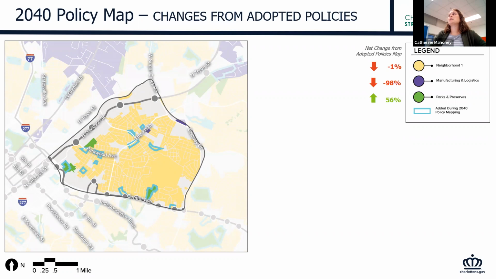We tried to protect instances of manufacturing and logistics throughout the city. In this area, that didn't play out as expected, mostly because the adopted policies trump that. And then also we wanted to protect those parks and preserves that I mentioned that are zoned for R3, but despite that zoning, we still want to protect them. And so those were properties that were brought back to green on the draft map.